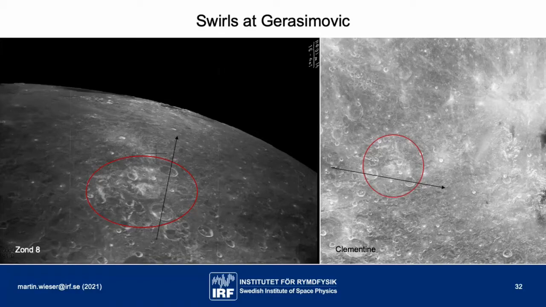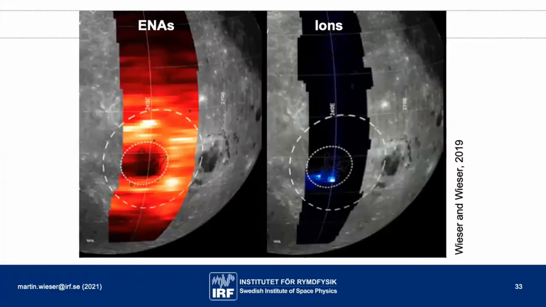If you now go back to energetic neutral atoms again, this is the same view. On the left, you have the Gerasimovich magnetic anomaly in the center, and in color shown is the energetic neutral atom flux. And it's clear that above the most intense magnetization, there is a depletion in the flux visible, and around the magnetic anomaly there is an enhancement.